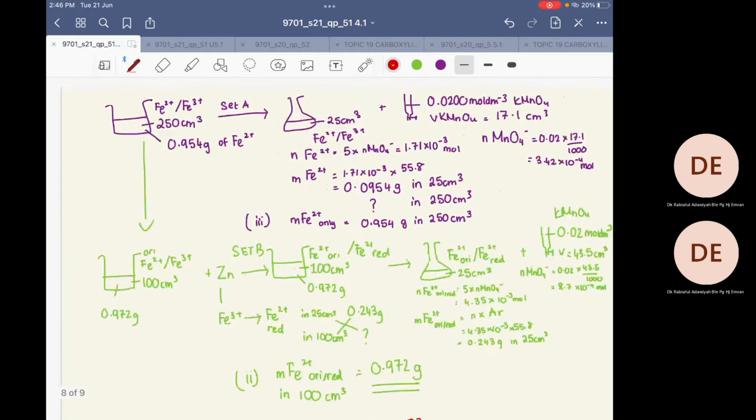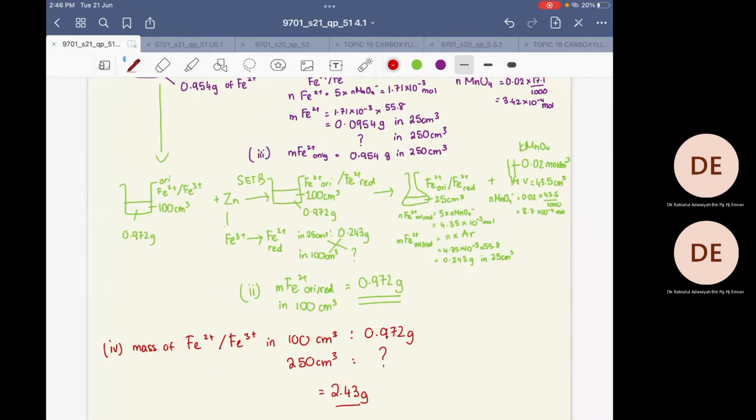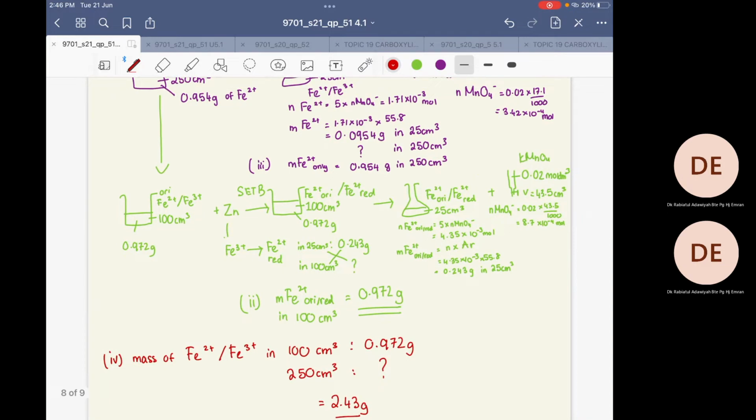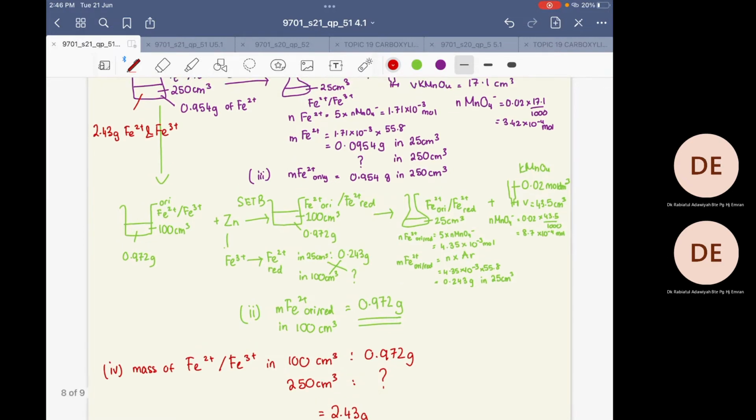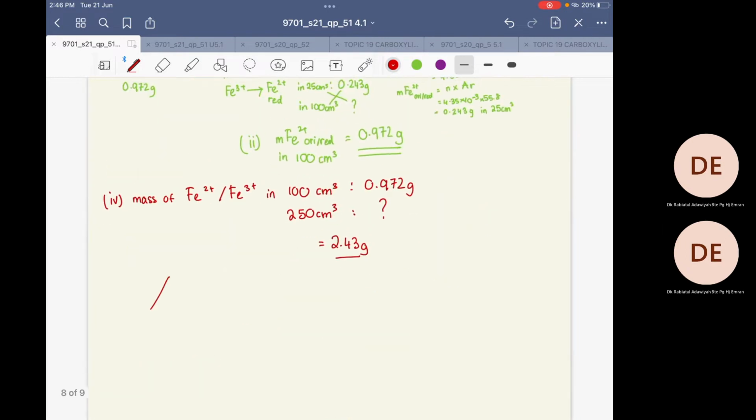Then I can add on to my diagram. In the original solution, I have 2.43 grams of Fe2 plus and Fe3 plus. Do you think I can find the mass of just Fe3 plus alone? Yes. How? Minus. So that means I will answer the percentage by mass of Fe3 plus.